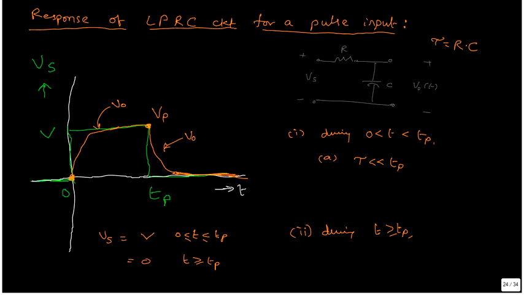We will see how to derive the equations later. We will go for two more cases, when tau is equal to Tp and when tau is greater than Tp. After going through the expected waveforms for those two cases, we will write the generalized equation. Let us call them V01 and V02. V01 is the output response during the time 0 to Tp, and V02 is the output response during t greater than Tp.